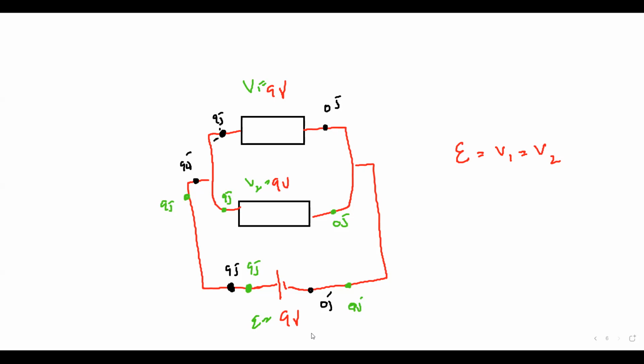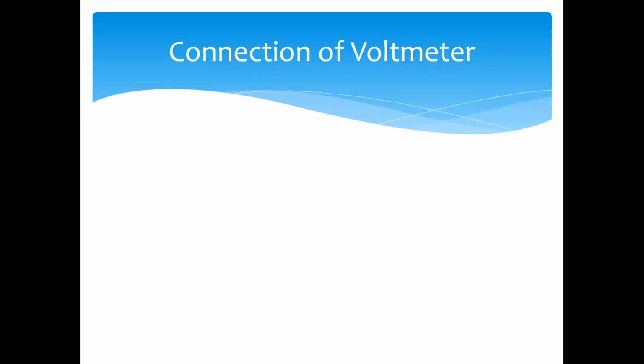That's why a voltmeter is always connected in parallel, because in parallel the voltage is the same.